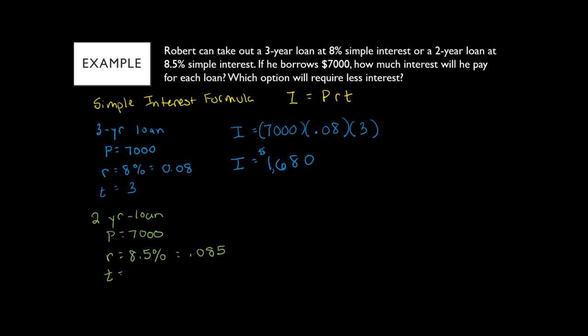And then the time period is a 2-year loan, so it's less. It's a higher interest rate, but for less time. We're going to use the same formula. Our principal is the same. We have a different rate and a different time. So we have 7,000 times 0.085 times 2.